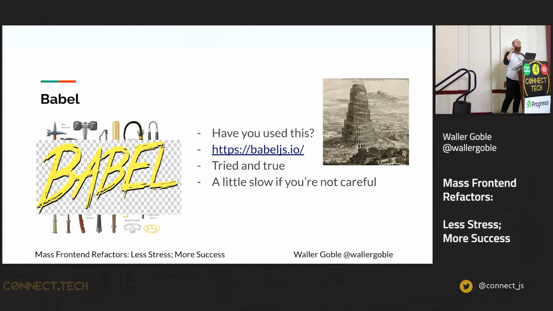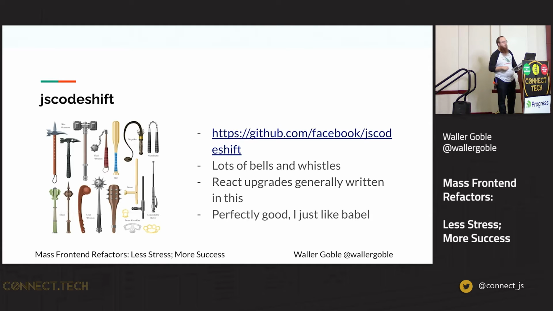However, it is a little slow. Especially, you will shoot yourself in the foot making it very slow. And by you, I mean, that's what I did. So I like Babel. That's what I use. That's what I recommend. But there are other options. The next one being JS Code Shift. Who here has ever used one of the Facebook code mods to get all your class components renamed, all of your deprecated methods to the scary unsafe modifier?